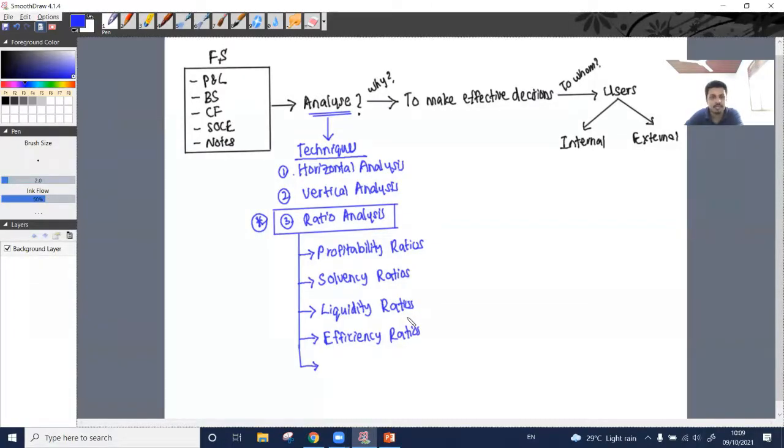Those all come under efficiency ratios. And the last category is what? Investment, or we can say market ratios. So these are the 5 main categories of ratios.